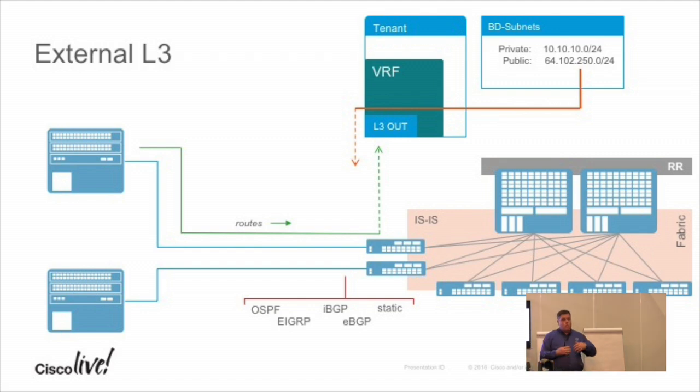And of course, the external world will be like, oh, okay, so to get to this address, 64.102.250.0/24, I can go through this route. It gets advertised just like any other route. Okay, and that's the migration process as we bring things into the fabric. That's exactly how it works.